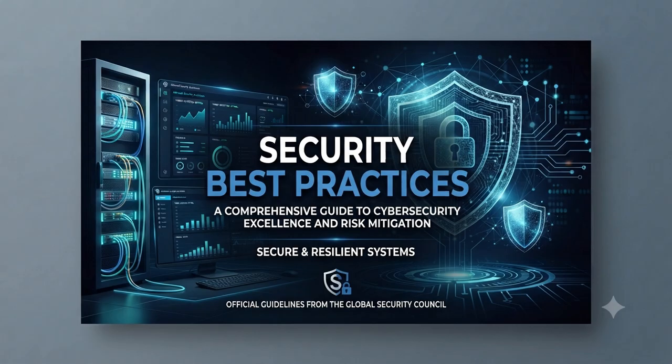The iris has complex patterns that are unique, even among identical twins, making it one of the most secure biometric identifiers. Retina scan analyzes the pattern of blood vessels at the back of the eye, which is unique to everyone. Retina scans are highly secure, but less commonly used due to the invasiveness of the scanning process.